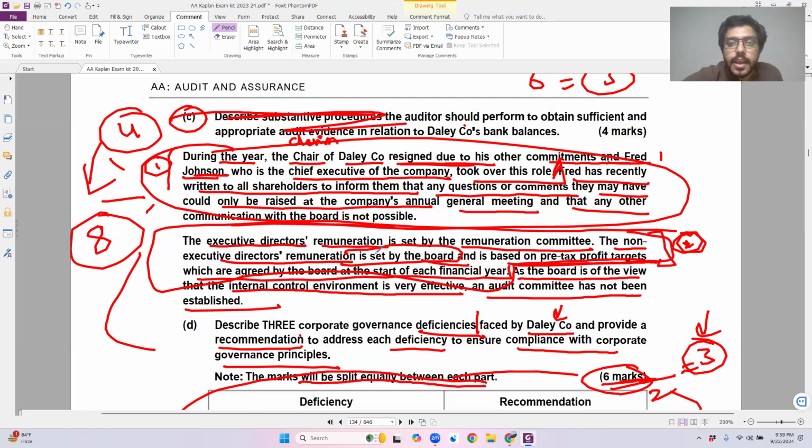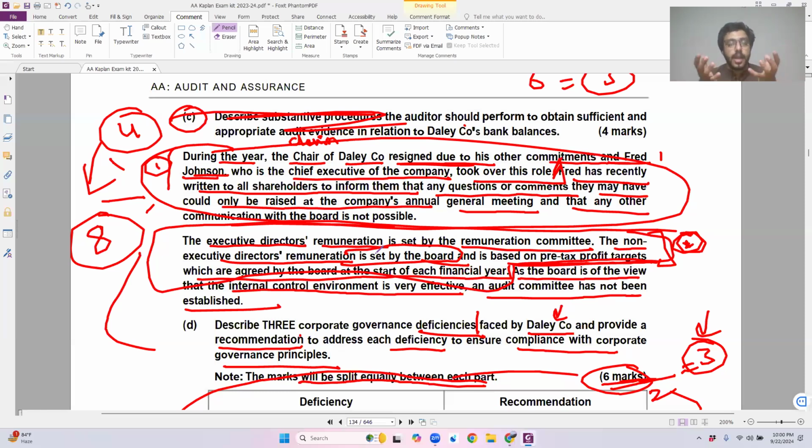The second thing he will be very reluctant about is the financial statements that he has to audit. He would say that there is so much risk of many errors within these financial statements. Why? Because the independent people who look over the preparation of the financial statements are not even there. So these are the consequences that I just stated.